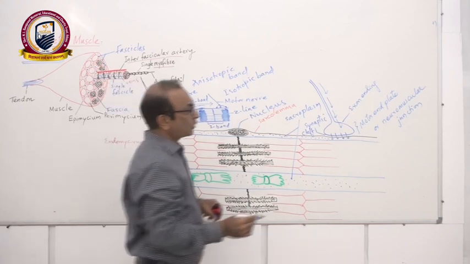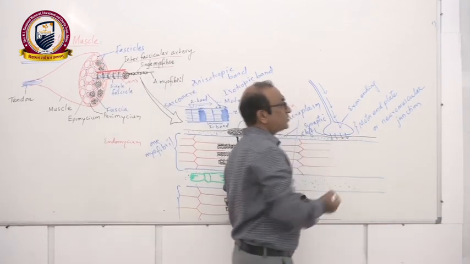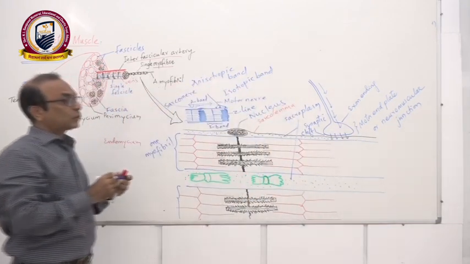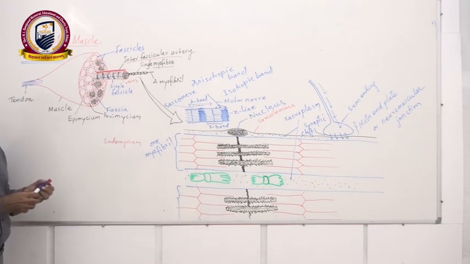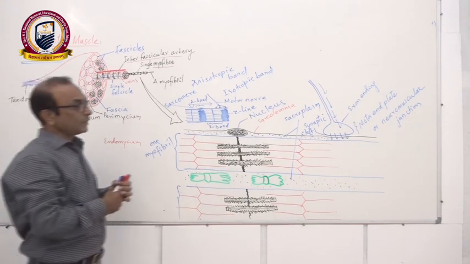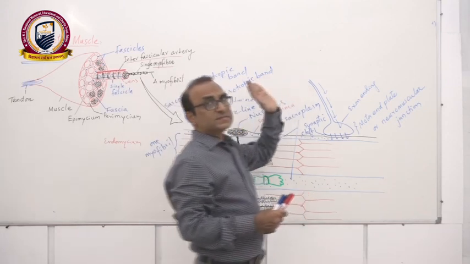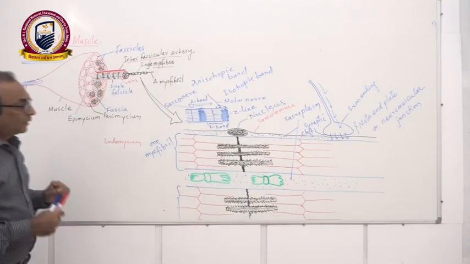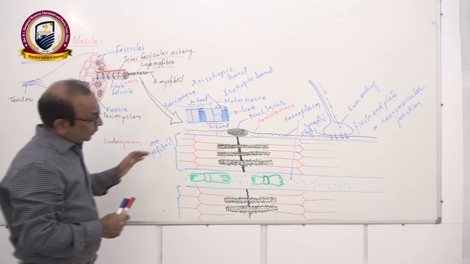Okay, so this is what is called the motor end plate, and that controls the activity of skeletal muscle, because motor nerves come from the central nervous system.